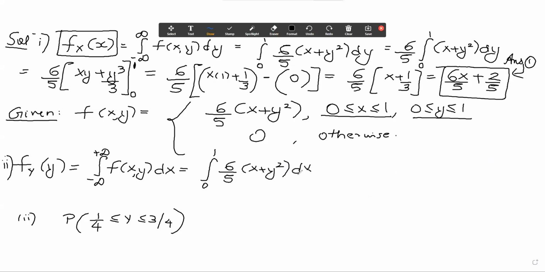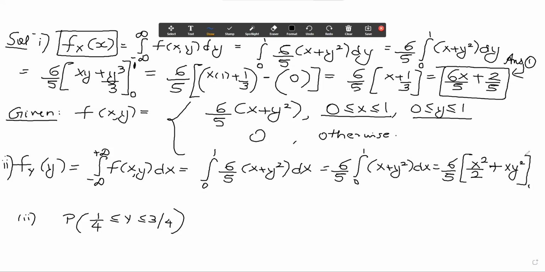You integrate with respect to x. 6 by 5 comes out of the integral, it's a constant. When I integrate with respect to x, the integral of x is x squared by 2, plus y squared. Now y squared is a constant when you are integrating with respect to x, and its integral will be x y squared. And I will run this from 0 to 1.